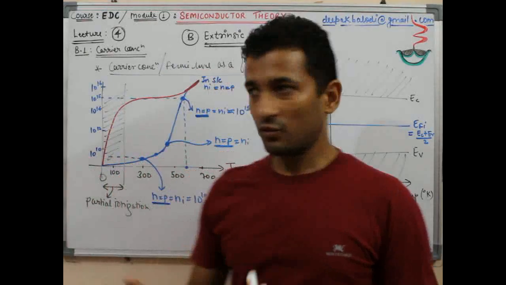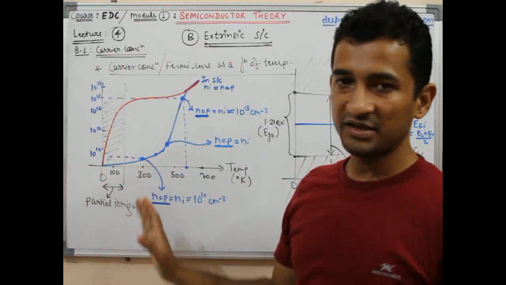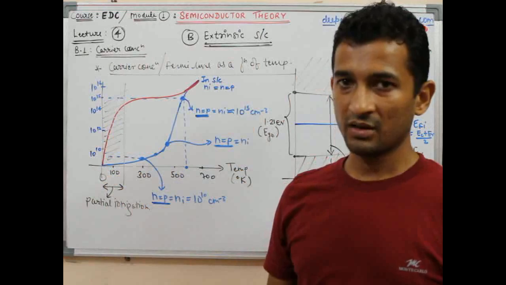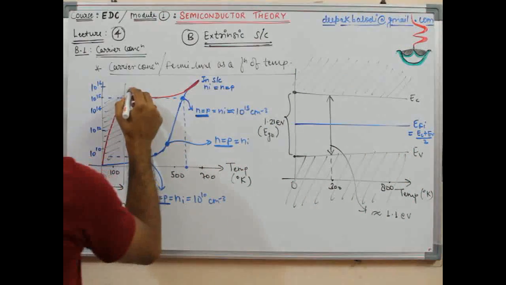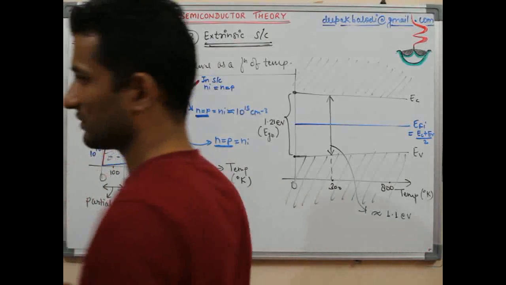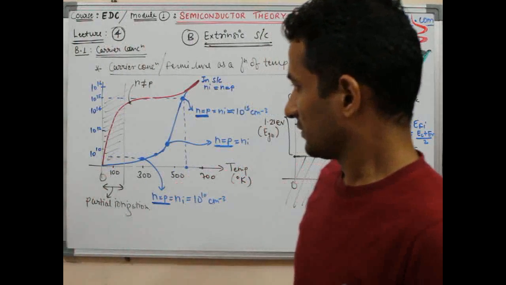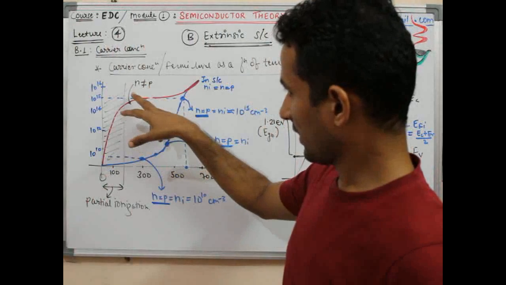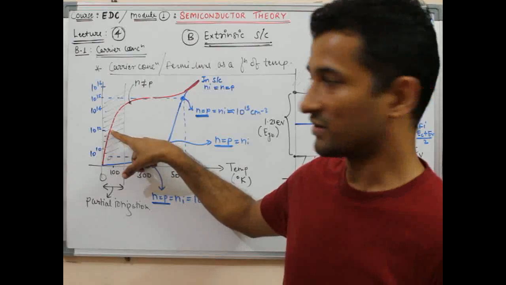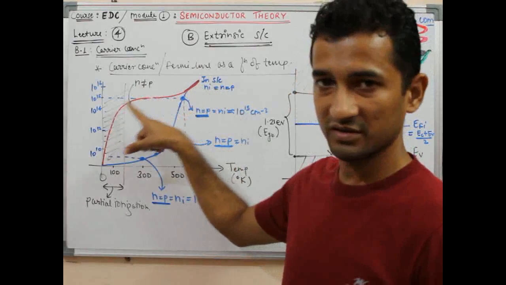That means you have doped for this complete chart with a particular concentration. So on this graph, anywhere n is not equal to p, you can assume any one case. When n is not equal to p, at any value you can see the majority carrier concentration. This is generally the majority carrier concentration profile.